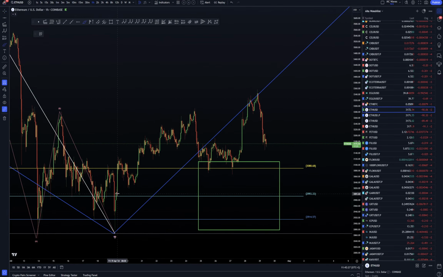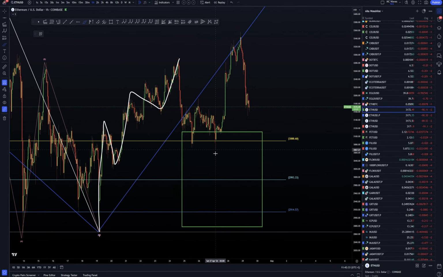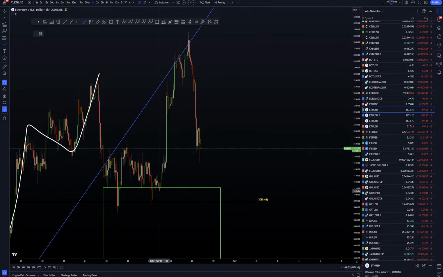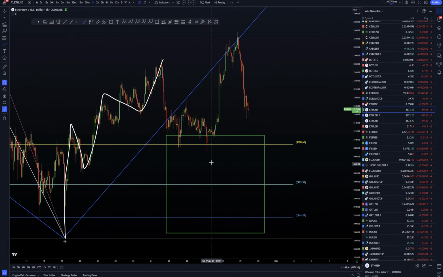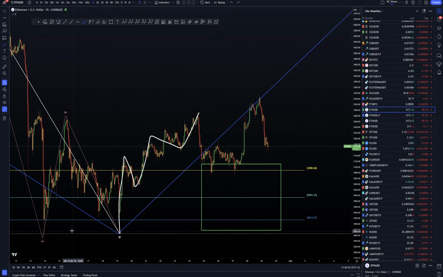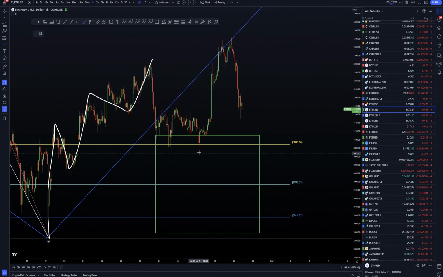Let me just do this again. 1, 2, 3, 4, 5. And then you have a nice 1, 2, 3, 4, 5, and so 1, 2, 3, 4, 5. So you have a 5 waves correction, 5 waves really. We take the pre-stop. So 1, 2, 3, 4, 5.